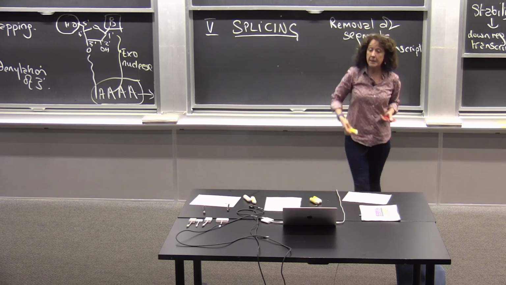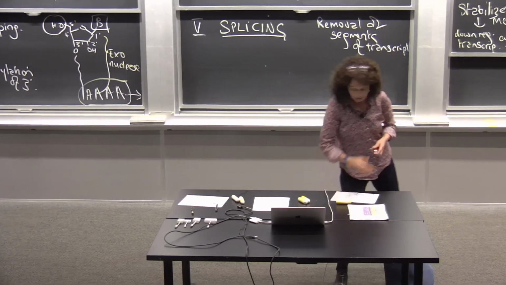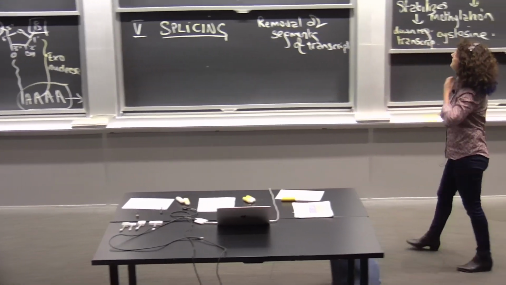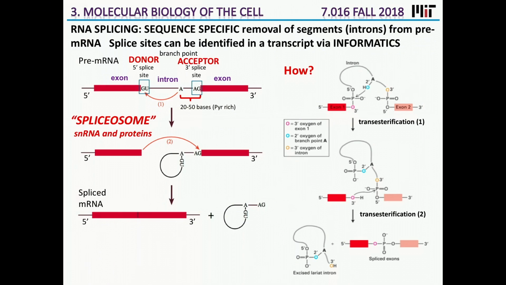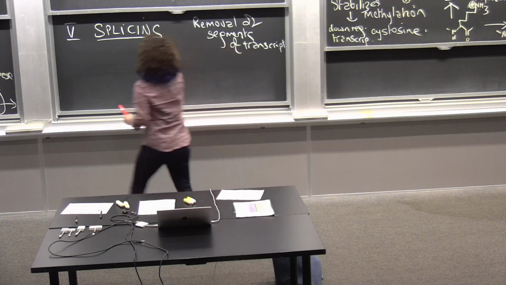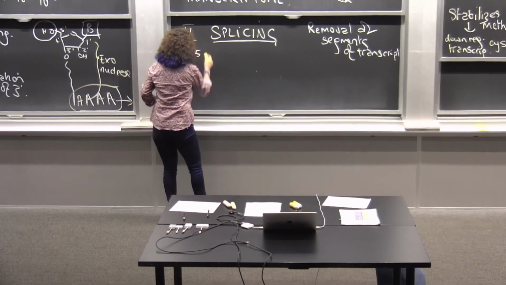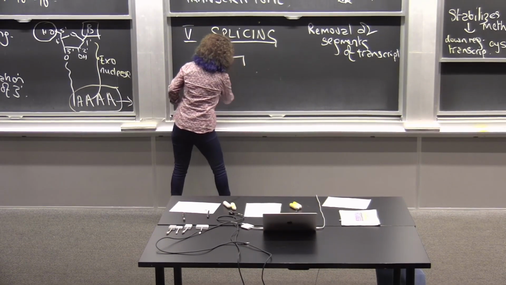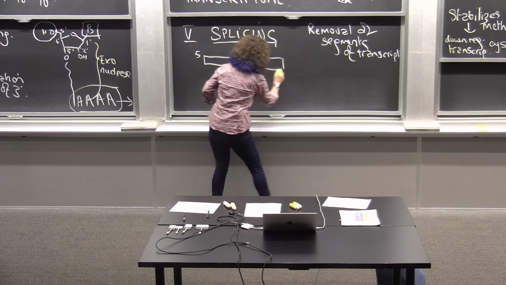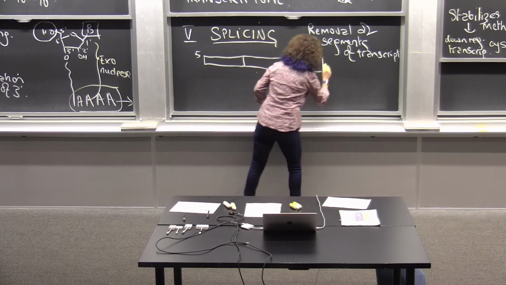And a lot of the seminal work was done by Philip Sharp, who's a member of our faculty in the biology department. So we're very proud of this. This was actually the topic of a Nobel Prize in the 90s. And so what was noticed is that if you had a gene, and let's just put it here, 5' to 3'.